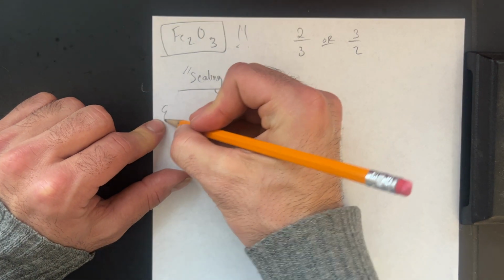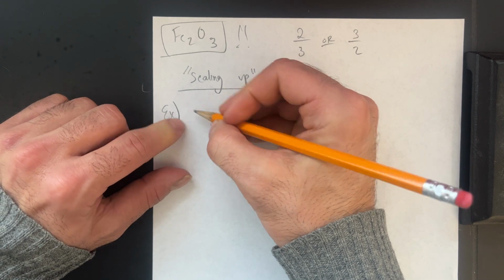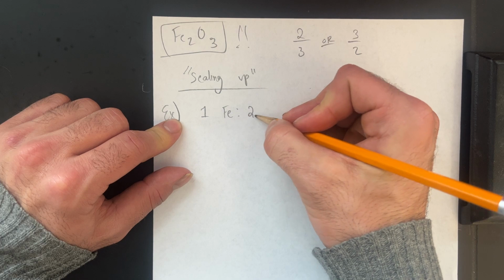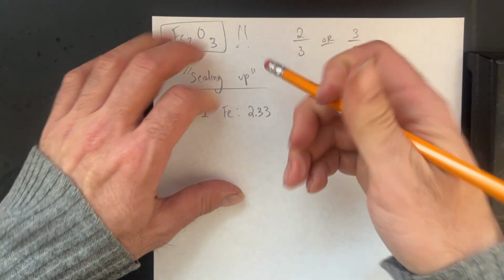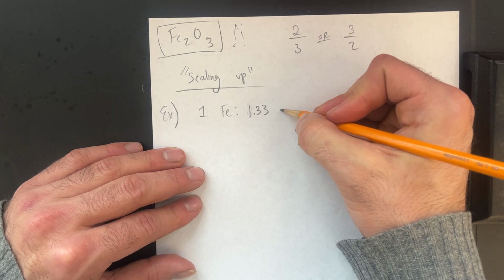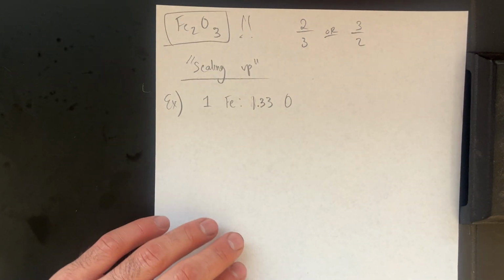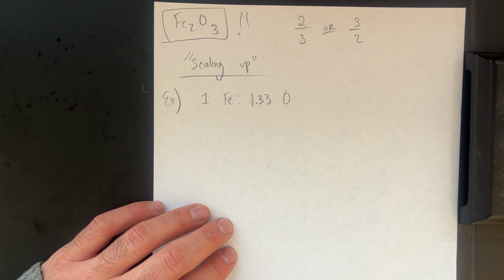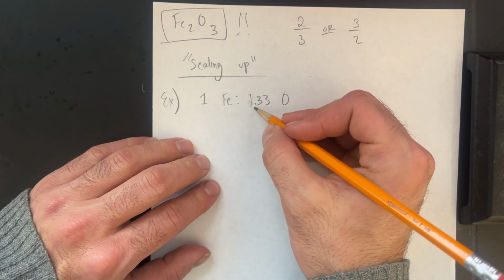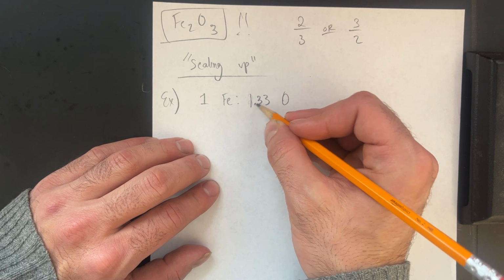So for example, let's say we had gotten to the end and I had gotten 1 Fe for every 2.33, actually let's make it 1.33 oxygens. Now, some of you can see it already, right? You'd be like, oh, well, you can multiply it by 3. But if you didn't get that, how I want you to think about it is, okay, what's 1.33?